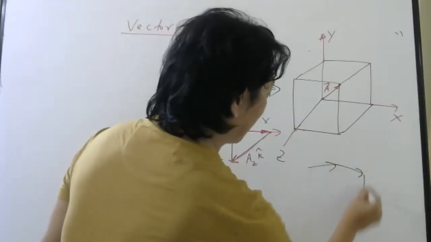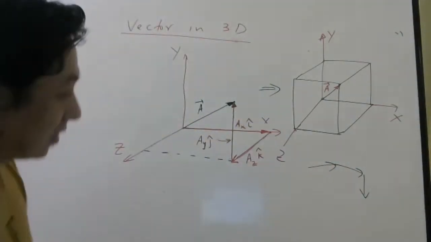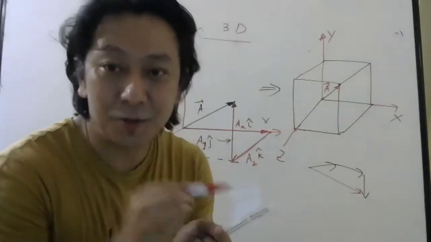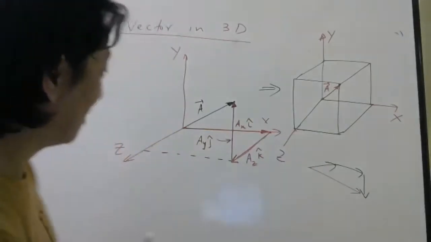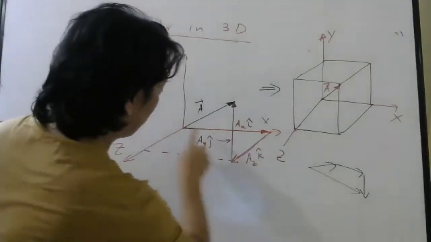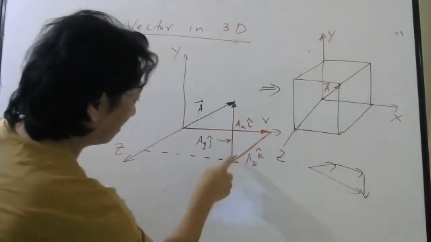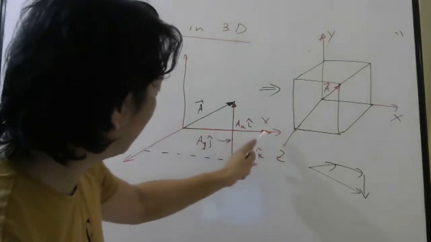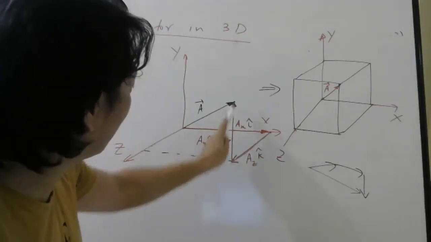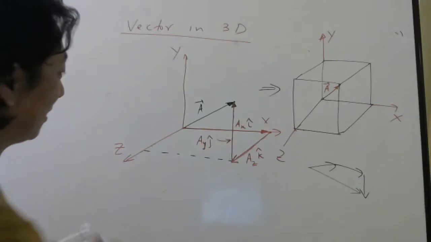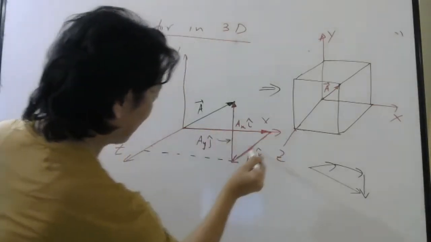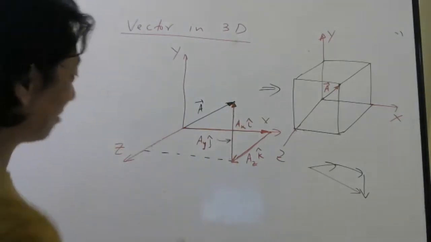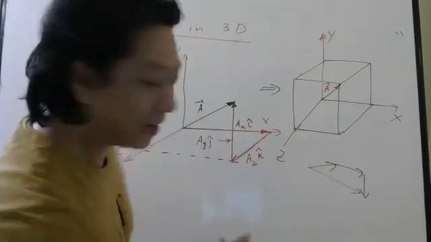This vector plus this vector plus this vector is which vector? This vector, right? From the tail of the first to the head of the last. So if I add these components, which vector will I get? I will get A bar. So I can write in 3D how to write the vector A bar.